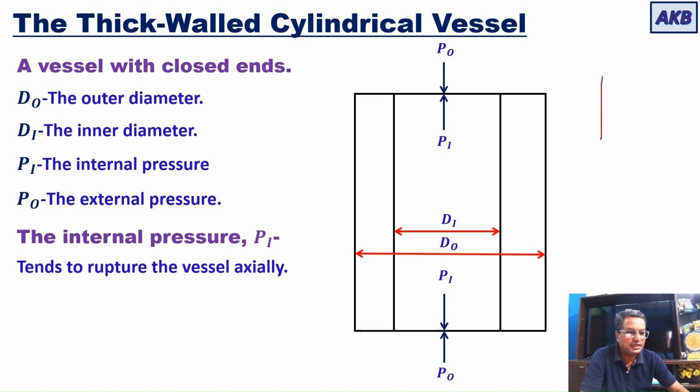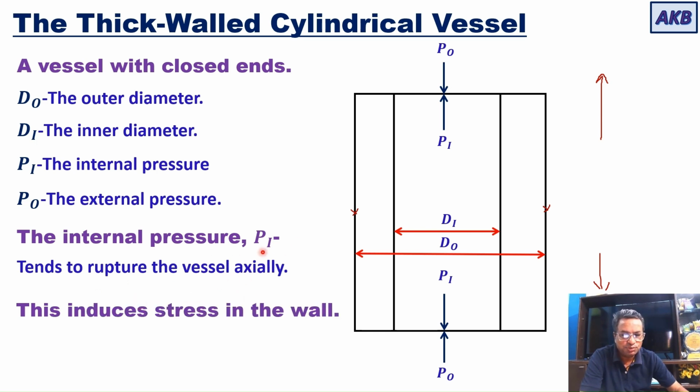Since PI is acting in this direction on the top of the vessel and then on the bottom end of the vessel, this pressure tends to break the vessel, rupture the vessel in axial direction. So PI may rupture the vessel into two halves in the axial direction. I hope this is clear to you. So the internal pressure PI tends to rupture the vessel axially.